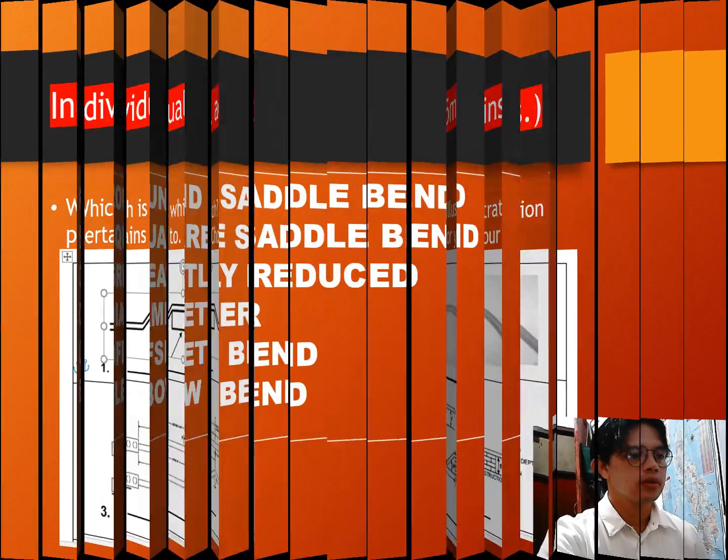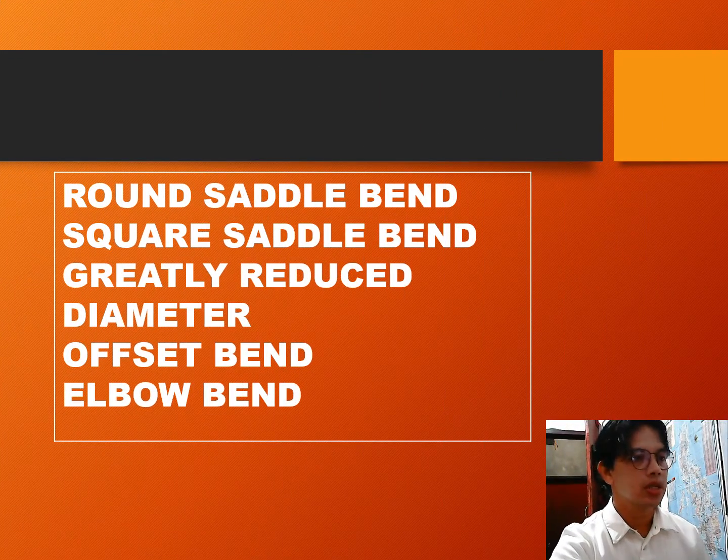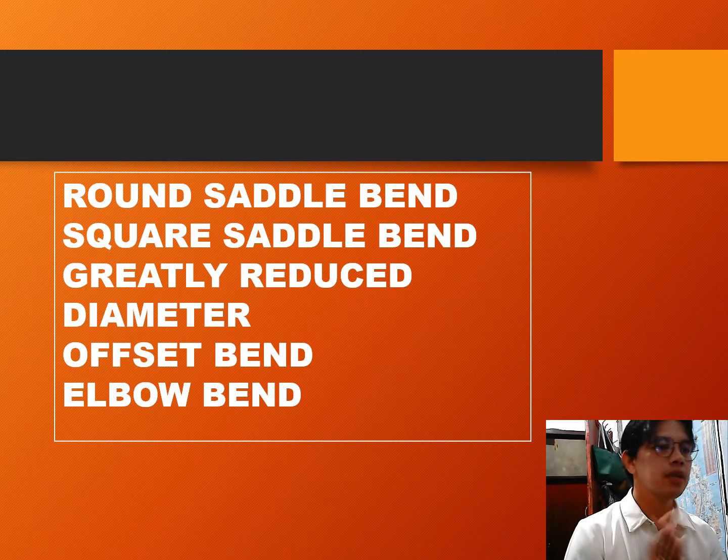So these would be the choices: round saddle bend, square bend, greatly reduced diameter, offset bend, and elbow bend. Okay, the time's up. So let us proceed.